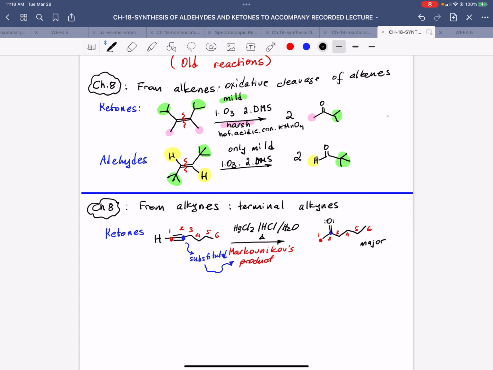You're going to get two products in pretty close yields, so the cleaning up will become pretty tedious. So let's take a look at that. So if it's an internal alkyne, and let's just make up that alkyne.